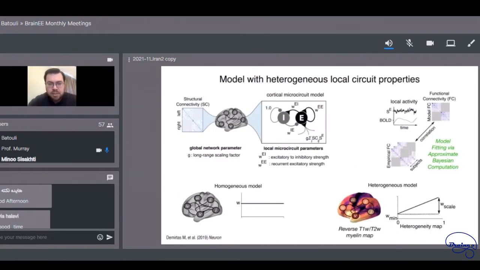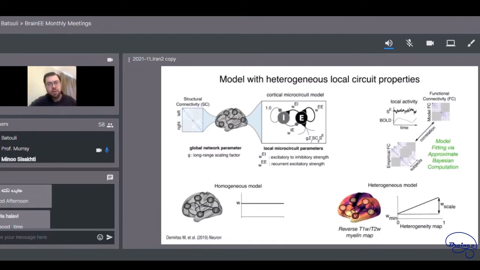Okay, and so in this study, we took that approach. We're simulating local activity, simulating a BOLD signal, getting a model functional connectivity matrix. And now we're going to compare these two hypotheses, right? One is that we can treat every local brain area as the same, we call this a homogeneous model. So there's the canonical cortical microcircuit, and we can use the same parameters for every cortical area.